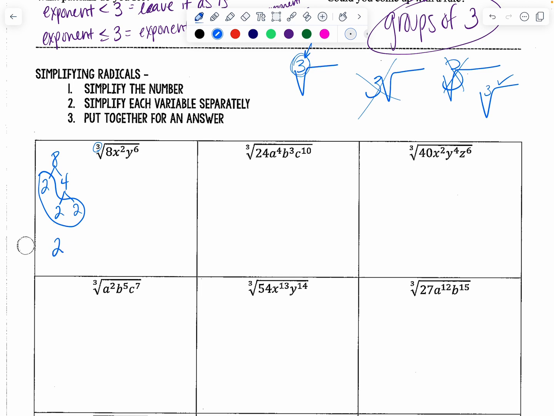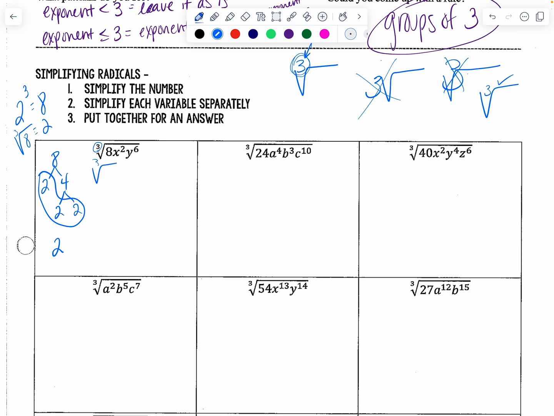We don't. So the cube root of 8 is 2, which means 2 raised to the third is 8. By saying the cube root of 8 is 2, it's just the opposite. That's like saying 10 minus 6 is 4, and 4 plus 6 equals 10. It's just the opposites of each other.